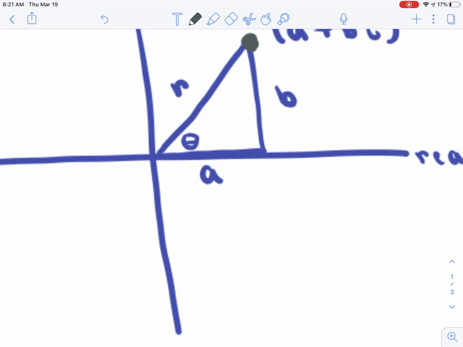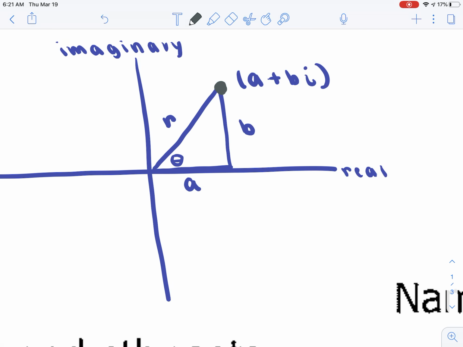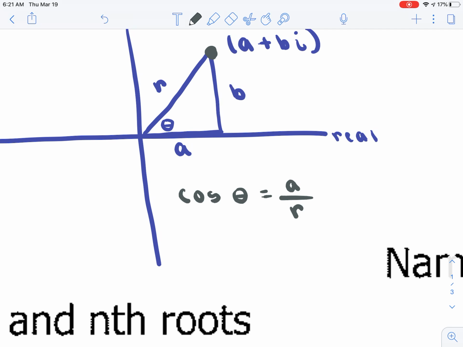If I wanted to represent a using SOHCAHTOA, keep in mind that this is the adjacent side to this angle theta, so I could say that the cosine of theta equals a over r. Or in other words, if I wanted to solve for a, I could say r cosine theta. We have seen this many times over. Sometimes it says equals x.